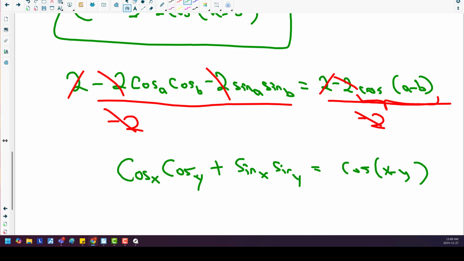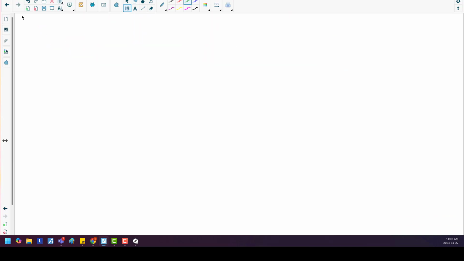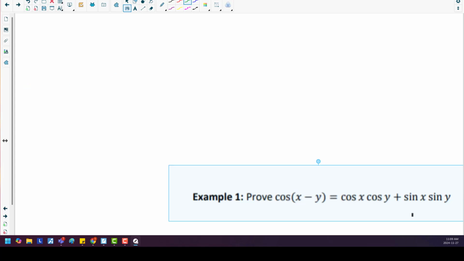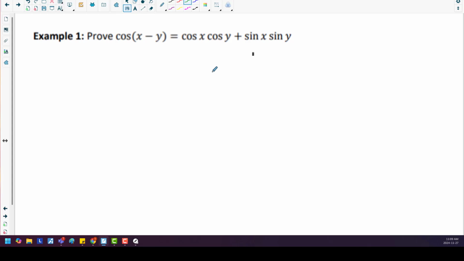Not too bad, right? Another way that we can do this is as follows. Prove cos x minus y is equal to cos x cos y plus sin x sin y.